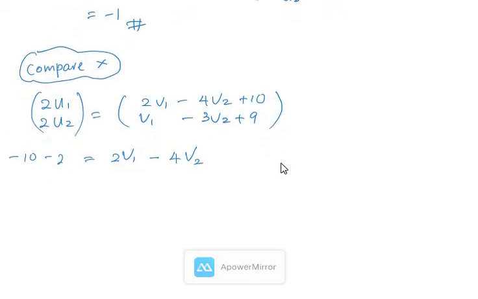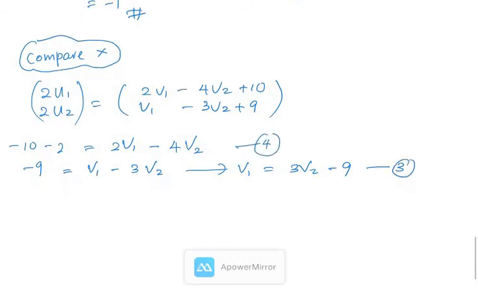And then for the second row, I have 2u1. And then this is the 9 I bring to the left hand side. That one is the negative 9. u2 you get 0. Okay, v1 minus 3v2. So this one is v1 equal to 3v2 minus 9. So this is equation 3, and then this is equation 4.